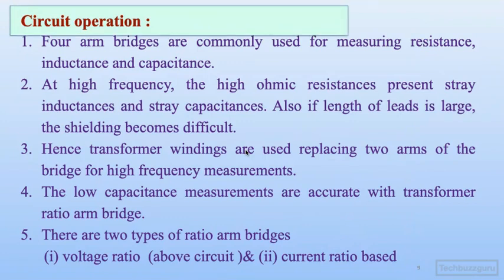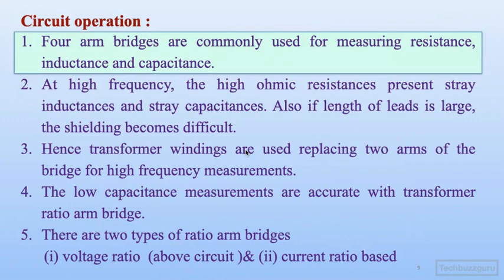for the transformer. So first and foremost, 4 arm bridges are commonly used for measuring resistance, inductance and capacitance. Generally the 4 arm bridges, the normal Schering bridge, Wheatstone bridge, these are used for measuring resistance, inductance and capacitance.